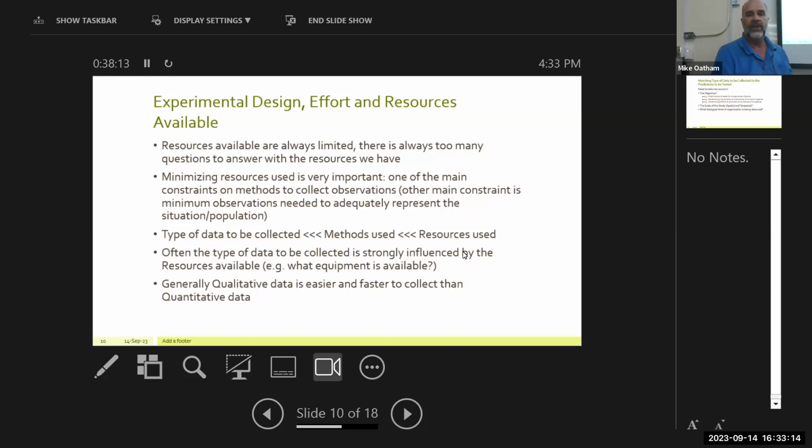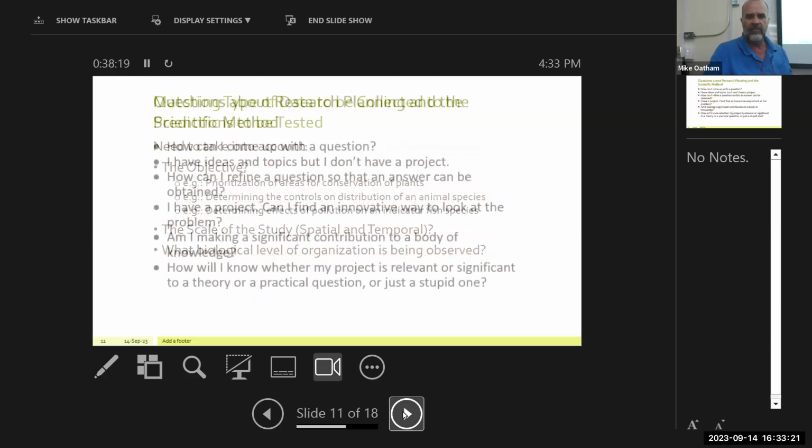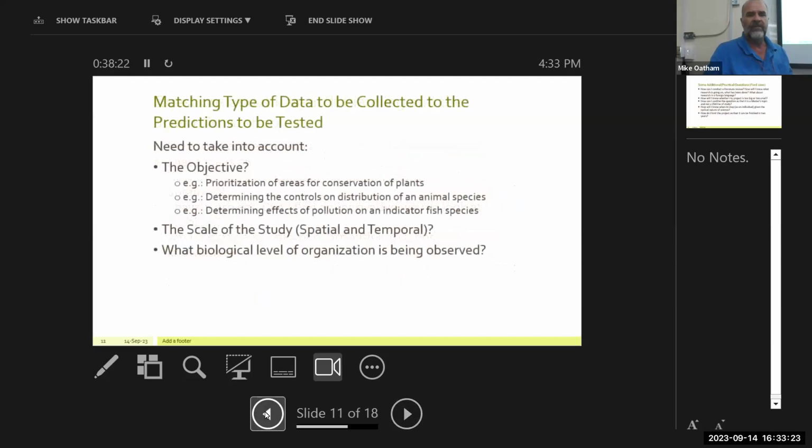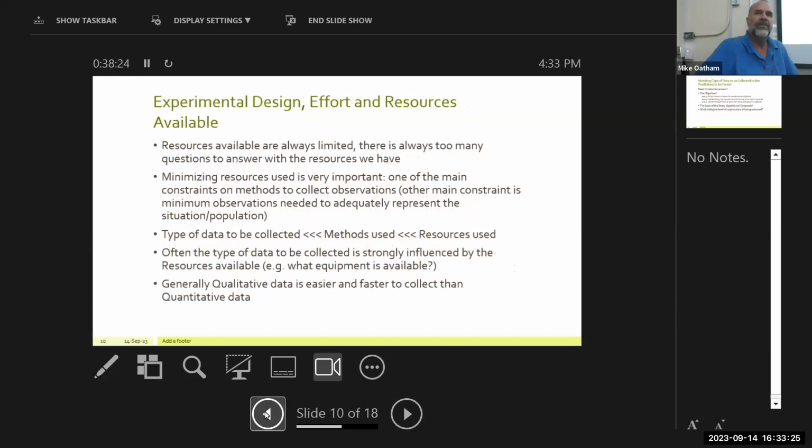You can do it also graphically by measuring things like a sample effort curve. Okay, a sample effort curve basically looks at the amount of variation over an increasing amount of sampling that you do.